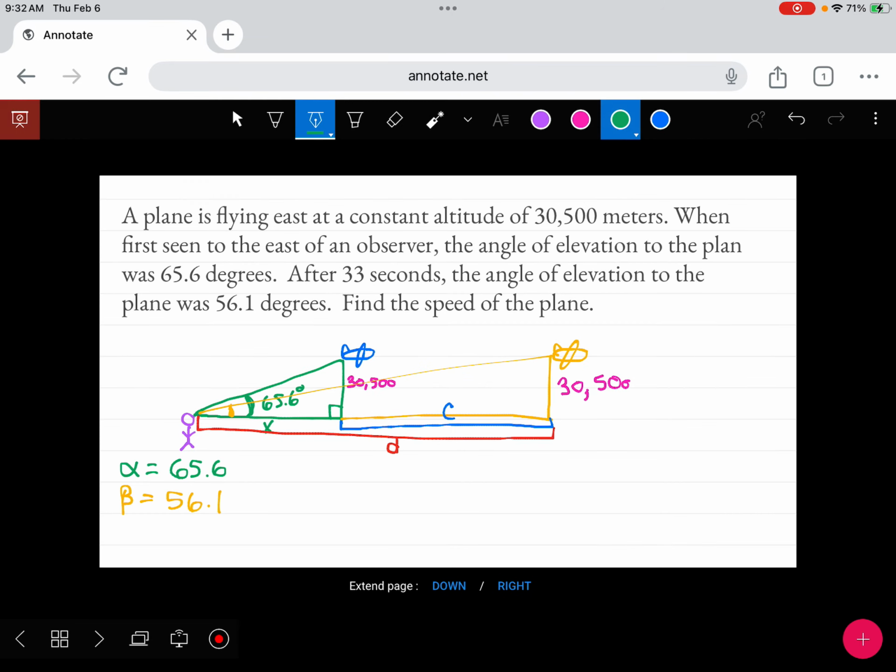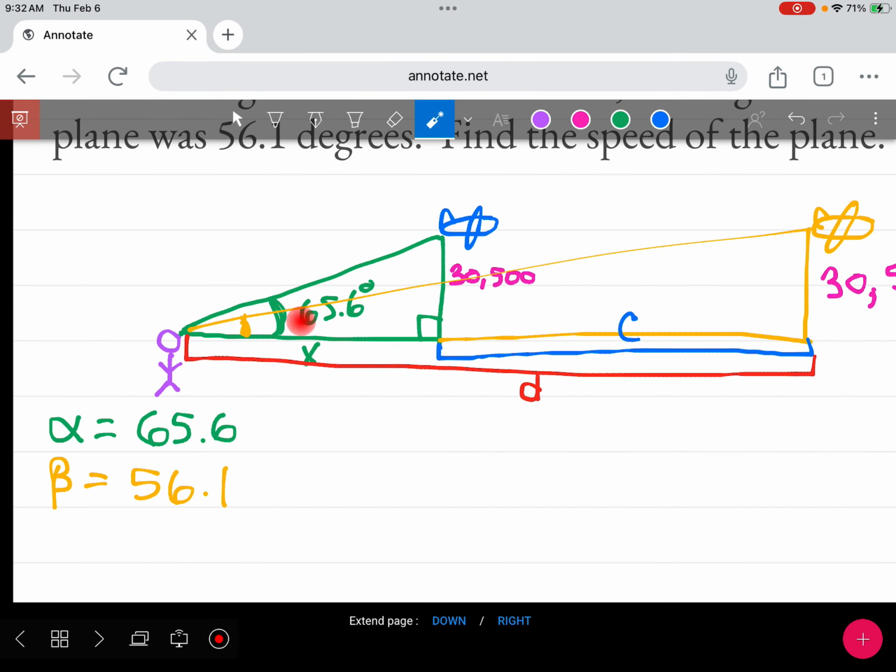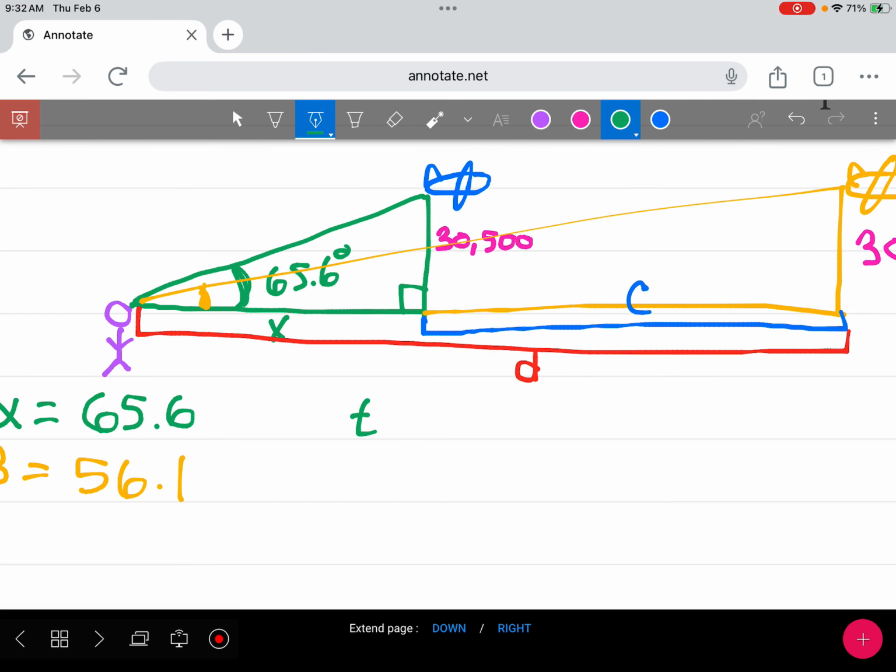So looking at our green triangle first, if I know my angle, I know my altitude, and I wanna know this, which trig function are we gonna use? Tangent, because I know my opposite and I'm trying to find my adjacent. So for our green triangle, tangent of 65.6 equals opposite over adjacent, 30,500 over that distance.